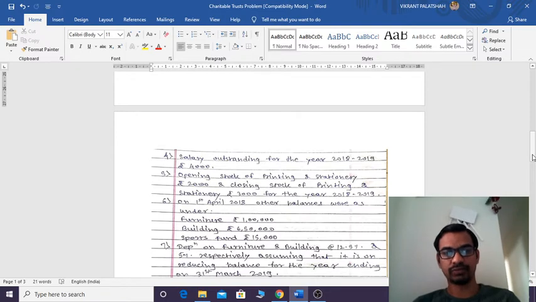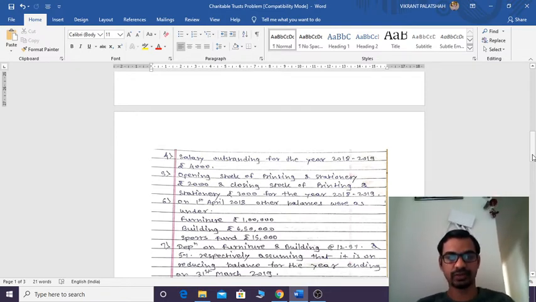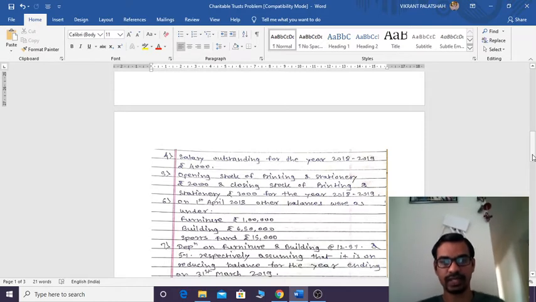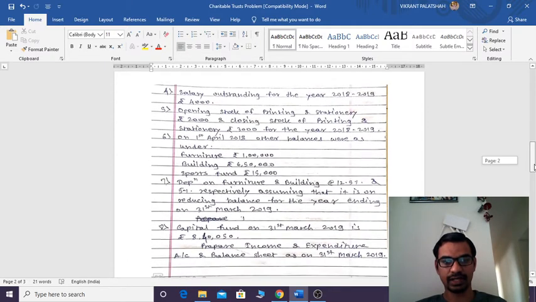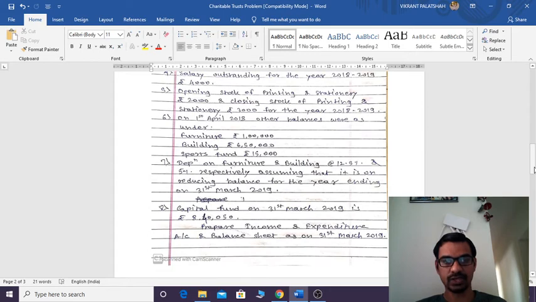Number five, opening stock of printing and stationery rupees 2,000, and closing stock of printing and stationery rupees 3,000 for the year 2018-19. Then on 1st April 2018, other balances were as under: furniture rupees 1 lakh, building rupees 6 lakh 50,000, sports fund rupees 15,000.